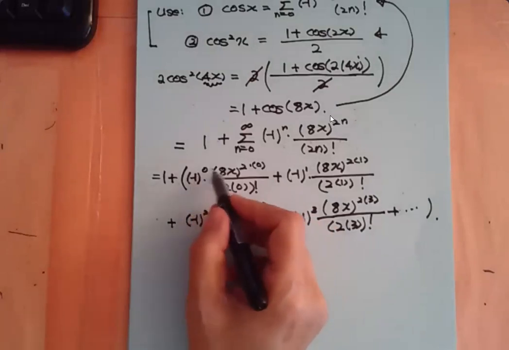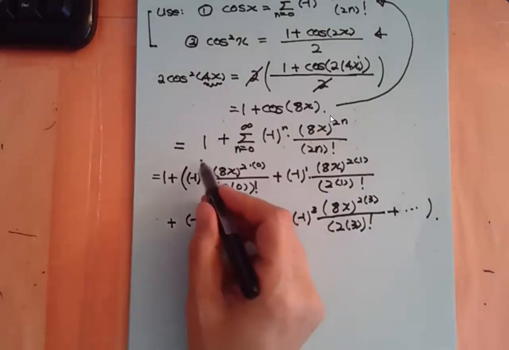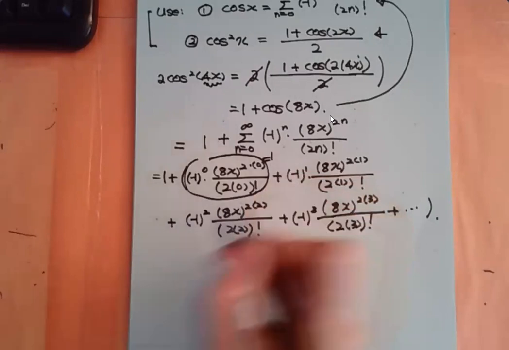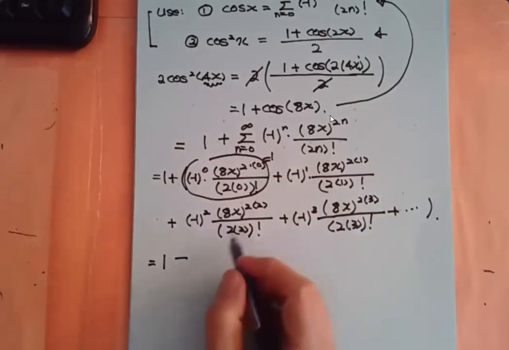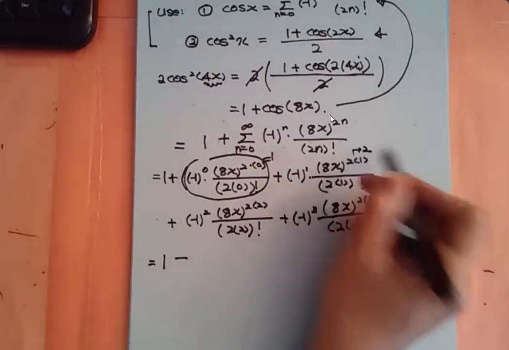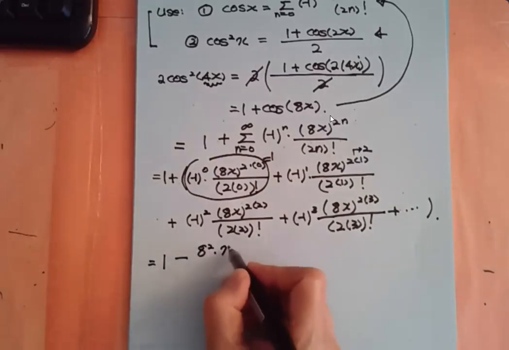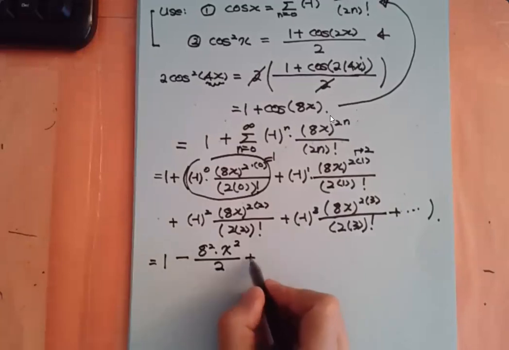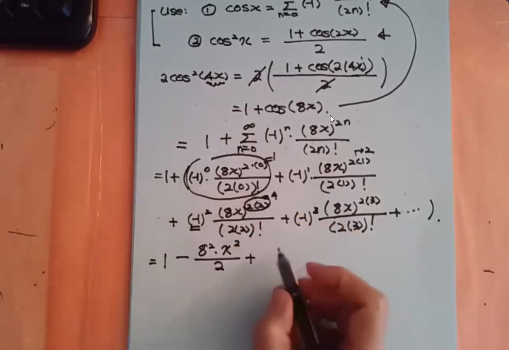Here, everything is a 0 power, or 0 is multiplied in factorial. So this part will become 1, right? And so this is 1 minus, this is 2. So 8 squared times x squared over 2 plus this one is 4, this one is 1.